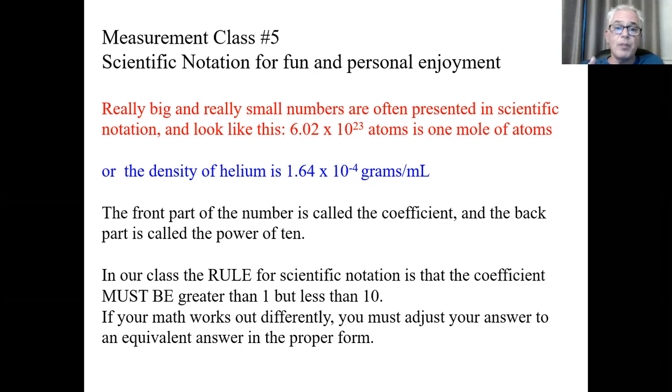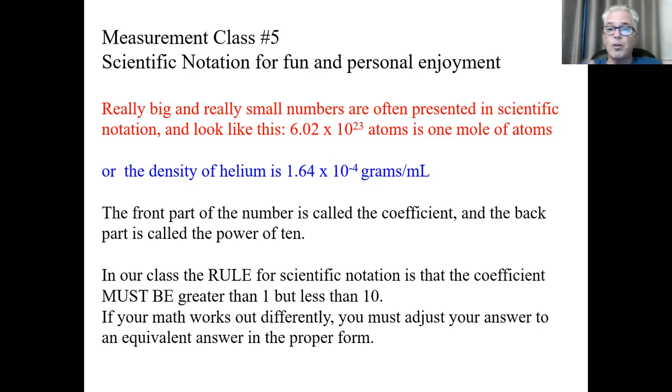The part of the number in the front, the 1.64 or the 6.02, that's called the coefficient. The back part of the number, that's called the power of 10 or the exponent. In our class, always, because we have to always get the right numbers, this is not math where everything can be equal to each other. There's certain rules. In scientific notation, the coefficient, the number in the front, must be greater than 1, but it must be less than 10.